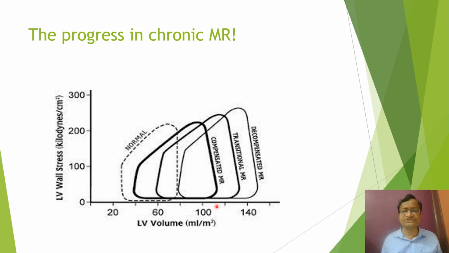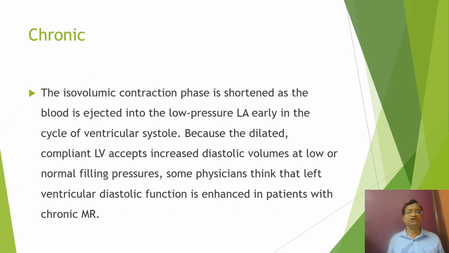Slowly it becomes compensated, transitional, and here we can see the decompensated. Up to an LV volume of 140, it cannot do the things. Here it is stress. The isovolumetric contraction phase is shortened. That is what we told. Blood is ejected into the low pressure LA.